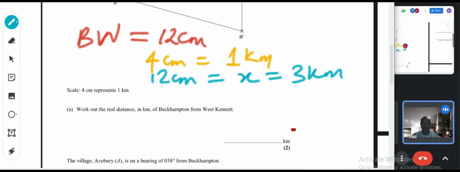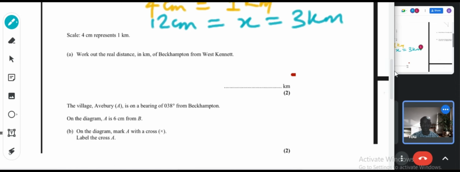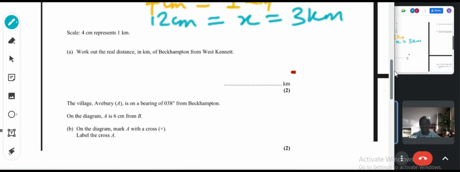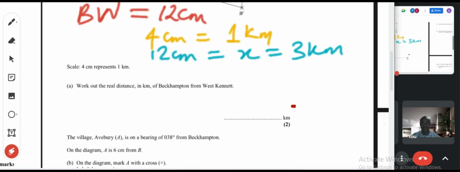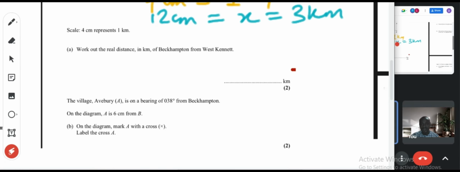You just get this by cross multiplying. All right. It says the village Avebury, however it is pronounced, is on a bearing of 38 degrees from Beckhampton.